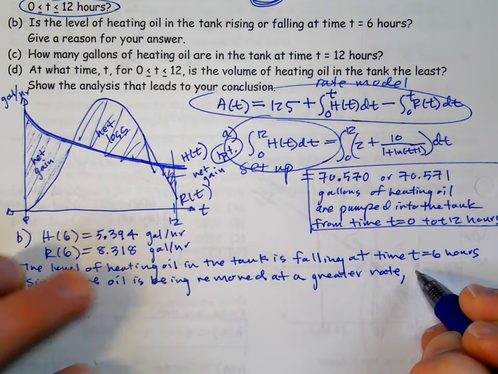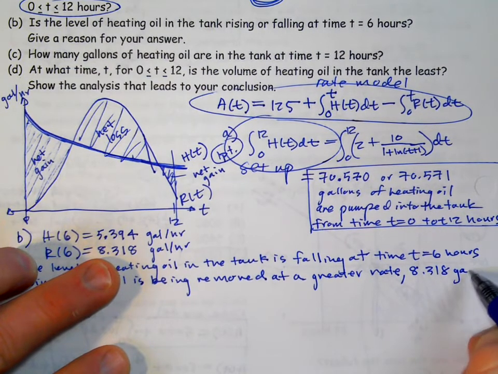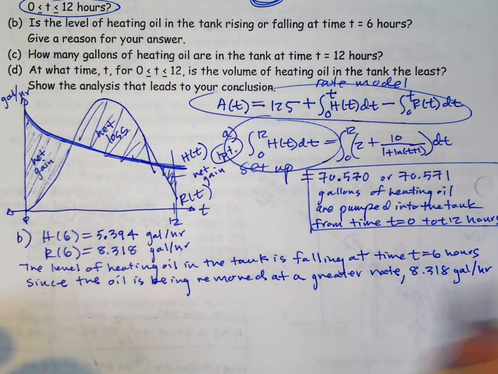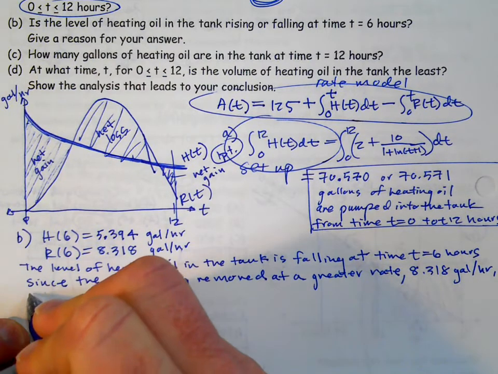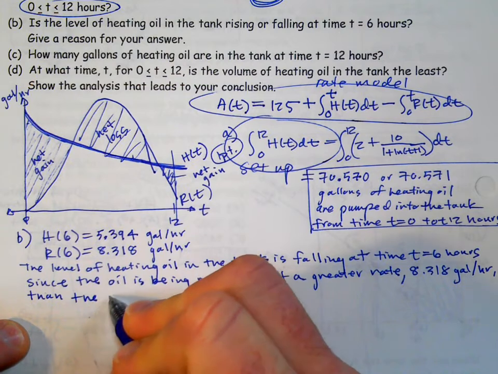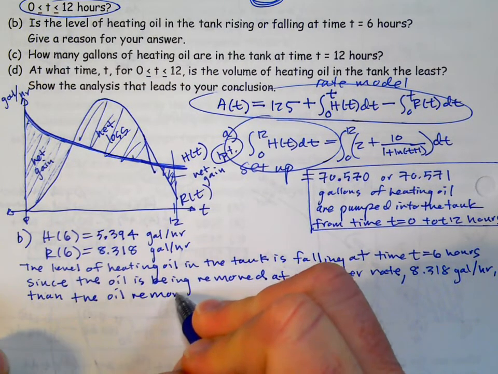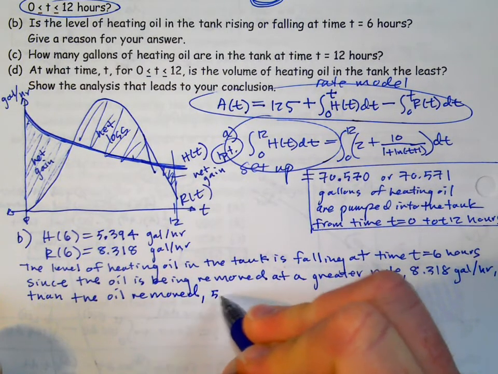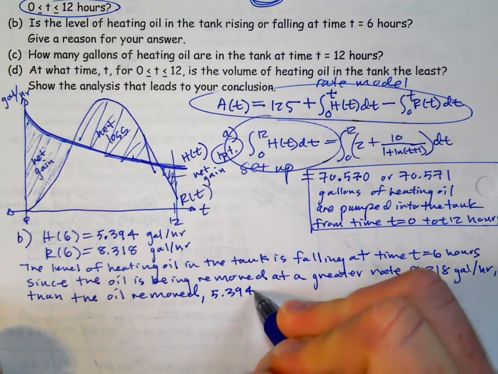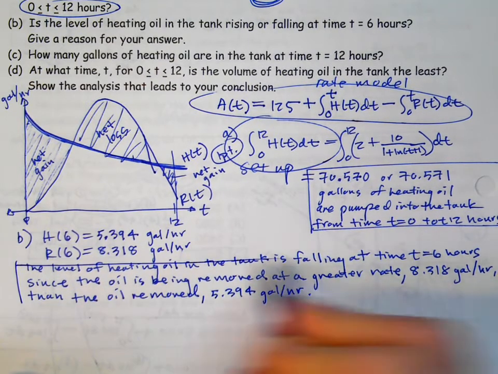And so I'd put the number there, 8.318 gallons per hour, are the units. I'm trying to put units on here, at a greater rate than the oil entering, which is at 5.394 gallons per hour. So this is a really good answer here.